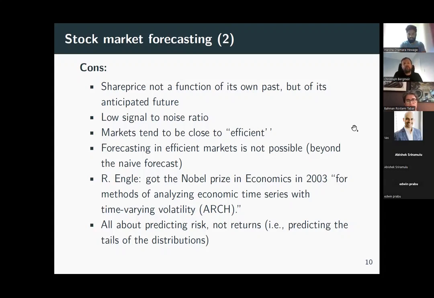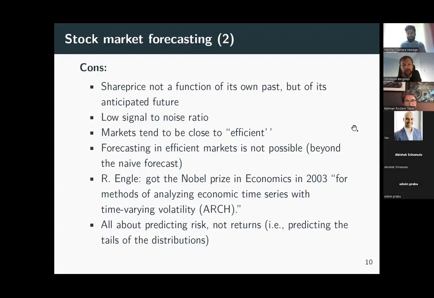Efficient market means that any information that is available is already included in the current price. So that means in an efficient market, you should not be able to do forecasting beyond a naive forecast.